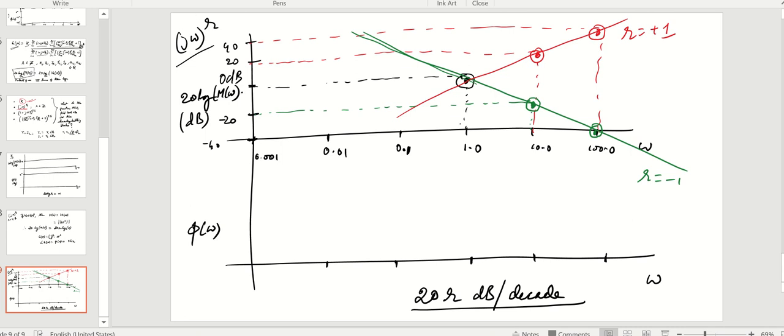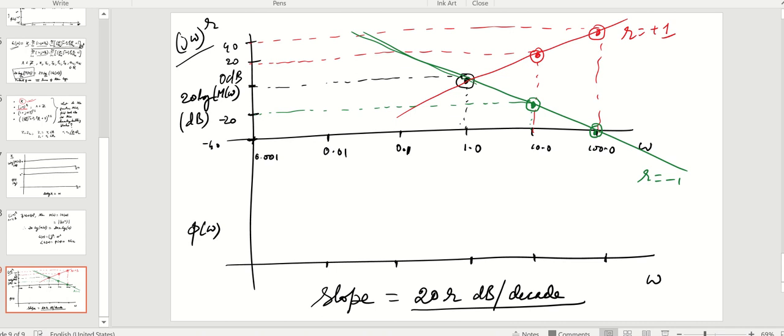Locate the 0 dB line at a frequency equal to 1, at omega is equal to 1. That's where your 0 dB must pass. And thereafter, the slope would be given by 20 r dB per decade, and it's a straight line. So that is what the magnitude plot would be like.